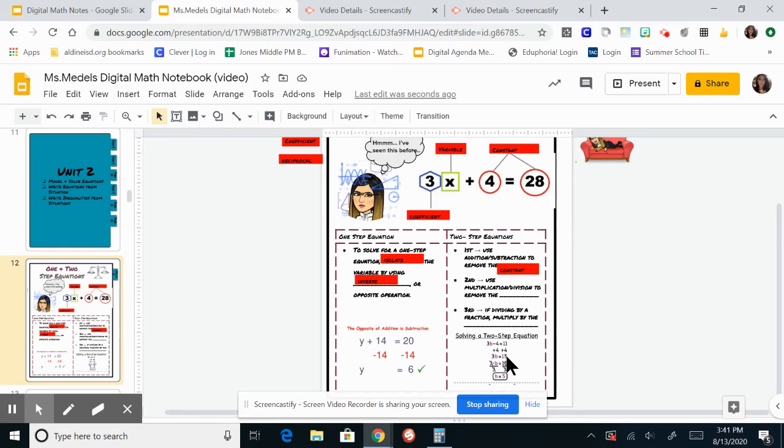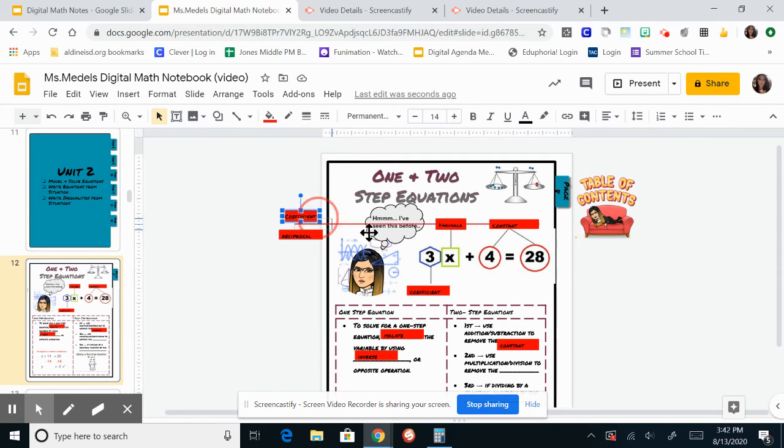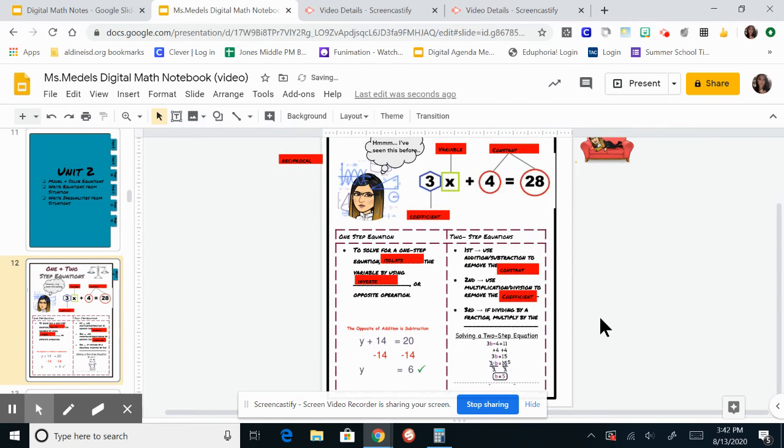Your next step is going to either use multiplication or division to remove the coefficient. Okay, we are going to remove the coefficient. So I have 3b. When you see a number and a letter stuck together, that means that we are multiplying.